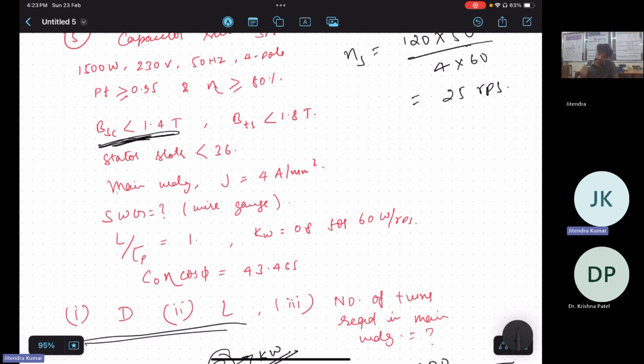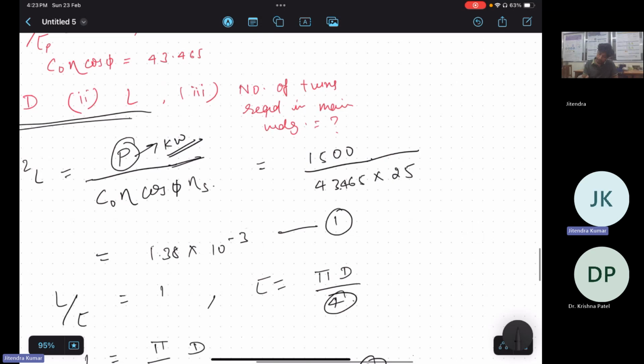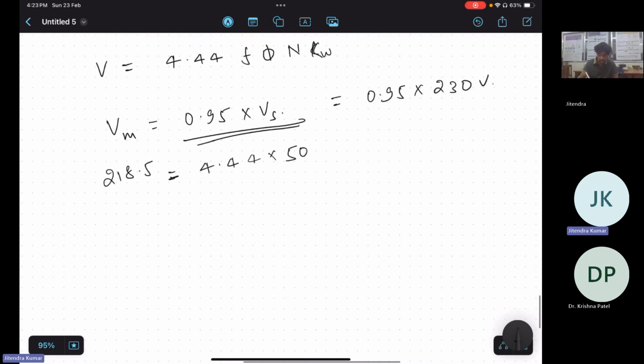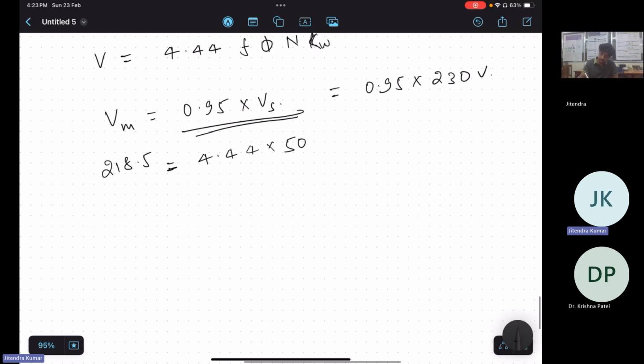To calculate that, first we need to calculate the width of the stator teeth, isn't it? So how much will be the width of the stator teeth? For that there is an expression, and you can also derive it from geometry.